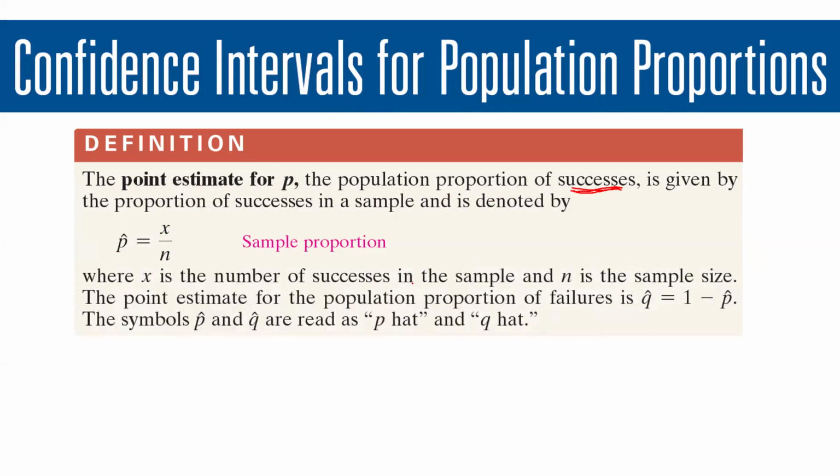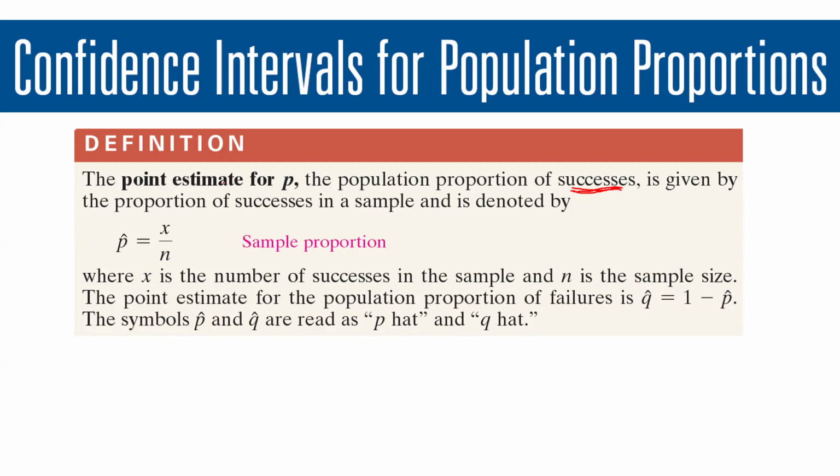X is the number of successes in the sample, and n is the sample size. The point estimate for population proportion of failures is q hat, which is denoted by 1 minus p hat. The symbols p hat, q hat, as you can see, are read as p hat and q hat.